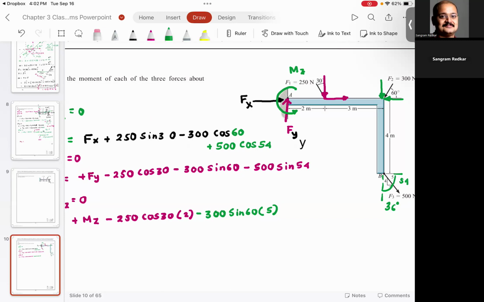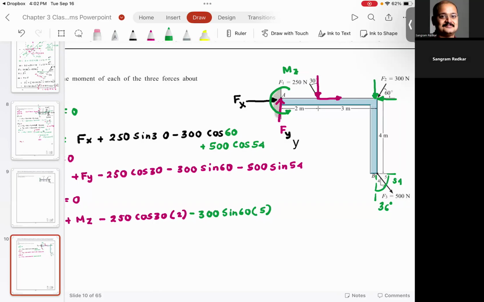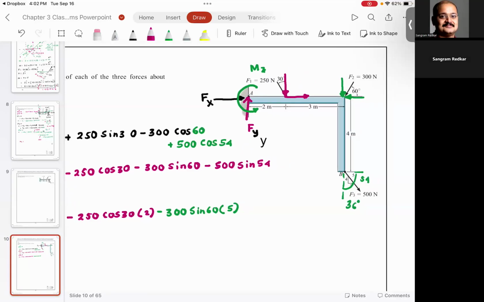And I want you to look at this part a little bit more carefully. So check this out. You have this horizontal component and then you have this vertical component. Horizontal component is F3 cosine 54, and vertical component is F3 sine 54. Do you agree with me?